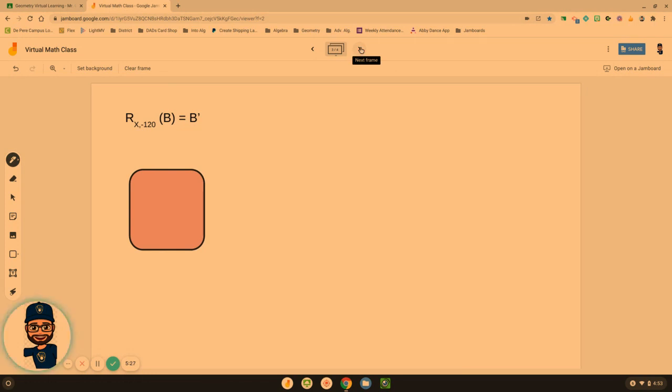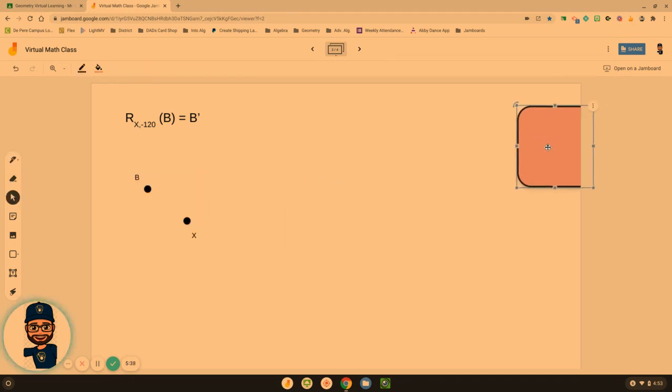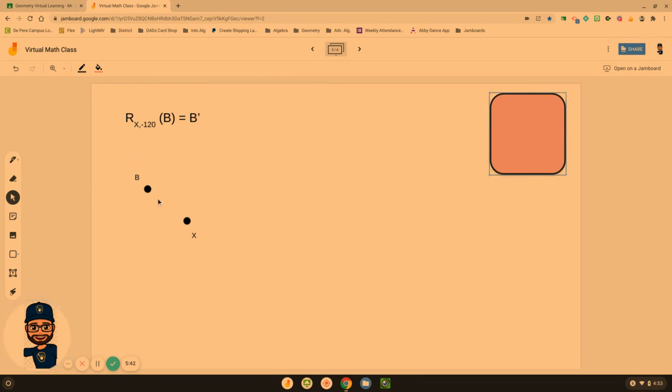We're going to rotate the pre-image point B negative 120 degrees around point X. Once again, they've got to give us some information. They give us the pre-image, point B, and they're giving us the center of rotation as X. If we think about what it's asking us to do, negative 120 means to move it clockwise.